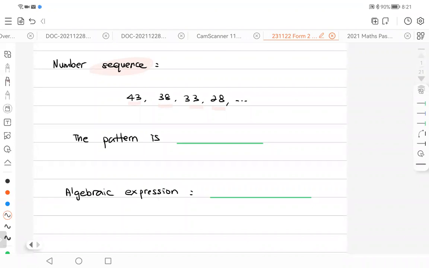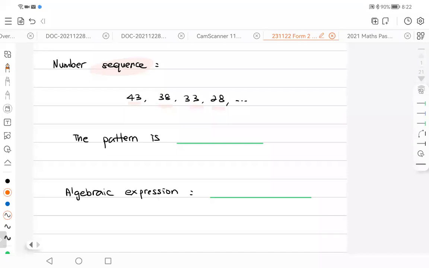Yeah, -5. If you want to explain in a sentence, it's not just -5, it's -5 what? You have to complete it in a sentence. So the pattern is, make it complete. Then you have to find the difference between the first and second term.